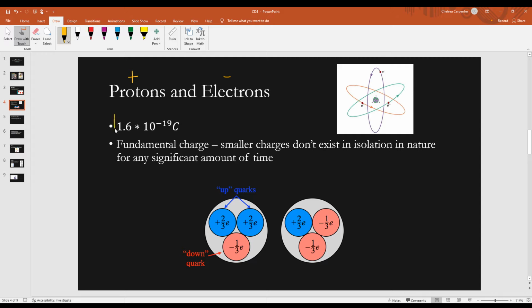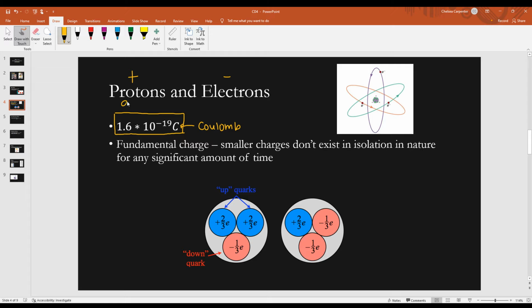This 1.6 times 10 to the negative 19, that is the charge of a proton or an electron. And this C right here, that unit is a coulomb. And that is how we essentially quantify charge. That's our unit for charge.